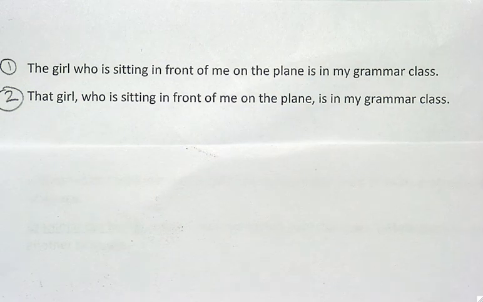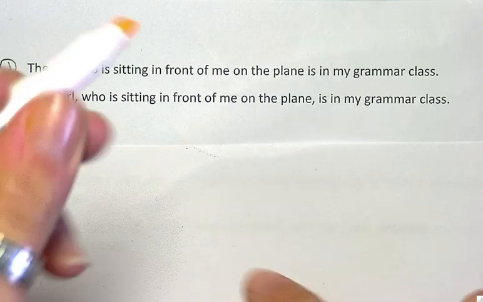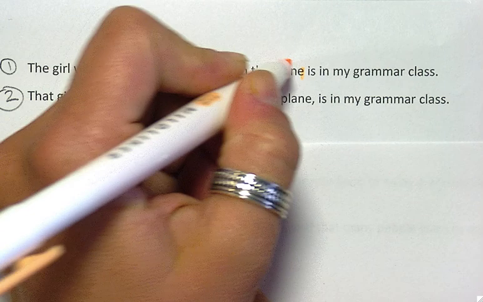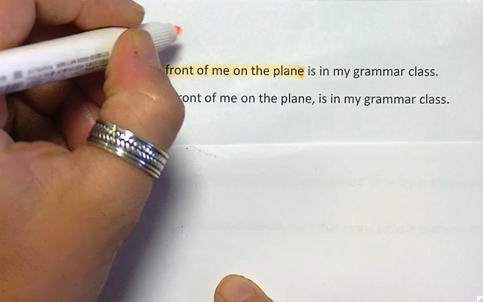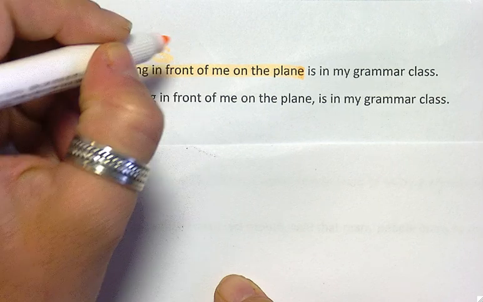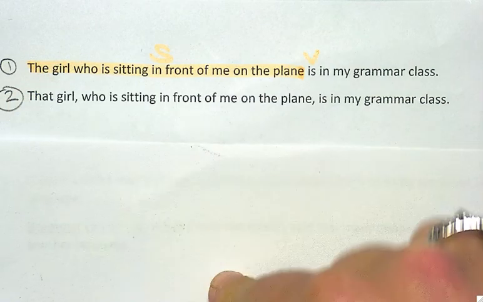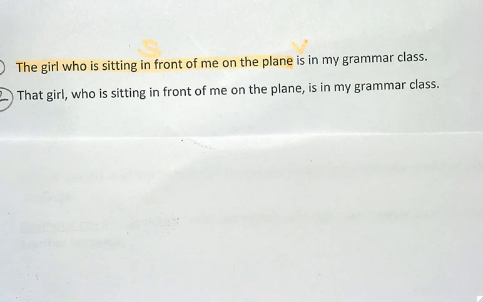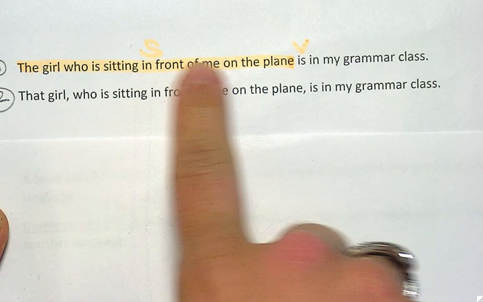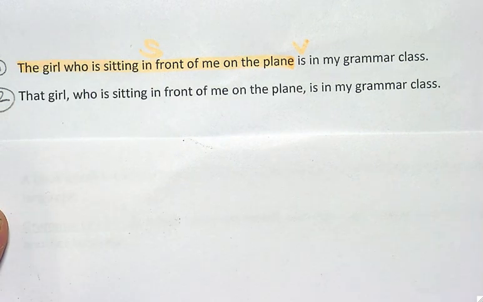If we look at number one, in fact, this whole thing is the subject of this verb. This part right here is the adjective clause which is describing the girl.